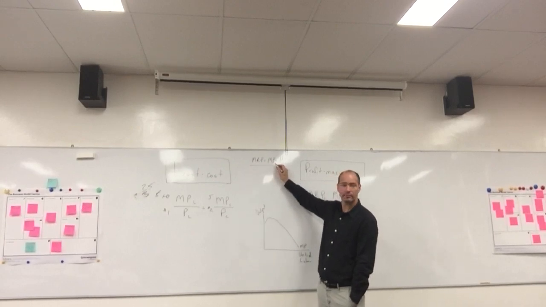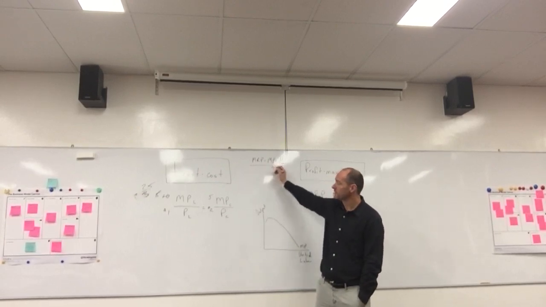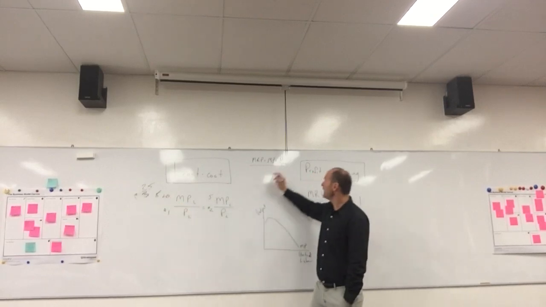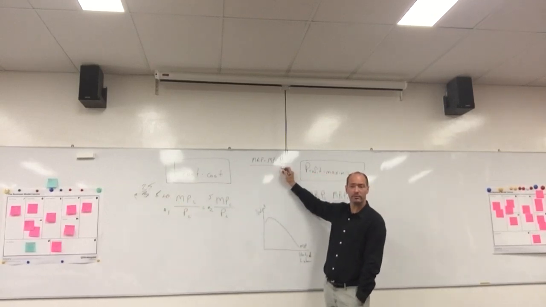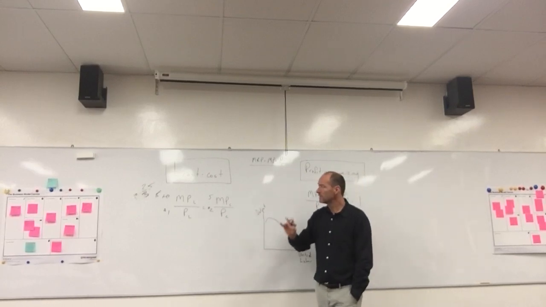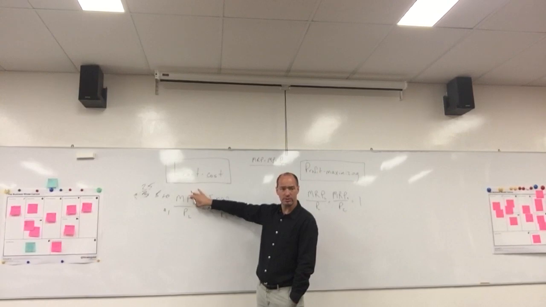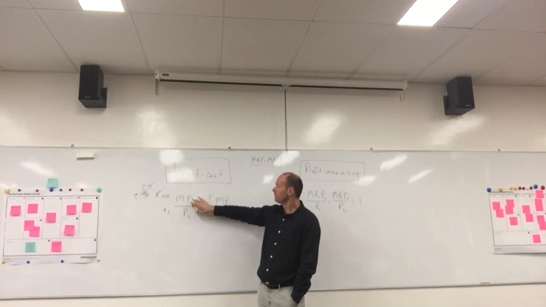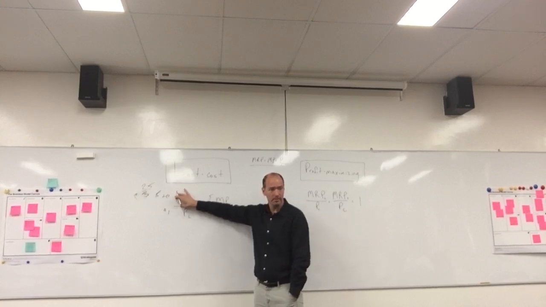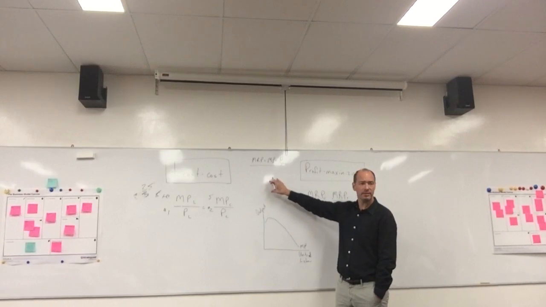is equal to the amount of extra output that worker produces, like in this case over here, 10, times the price of the output, the amount that the output can be sold for. So let's say that in this case we're producing t-shirts. This first worker produces 10 extra t-shirts when we employ her. Let's say that t-shirts sell for $2.